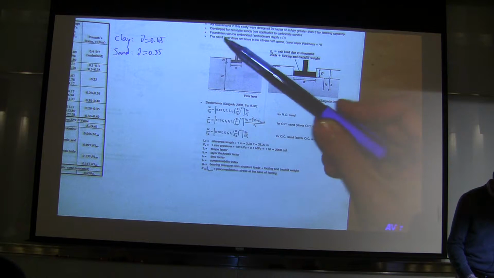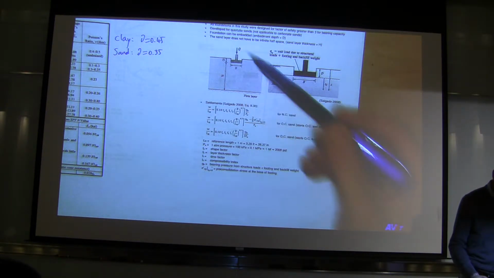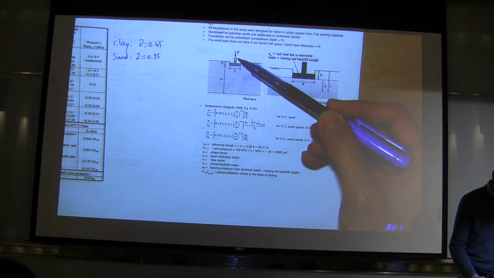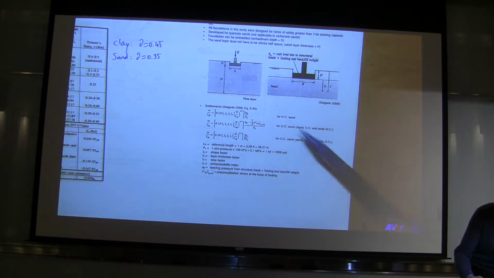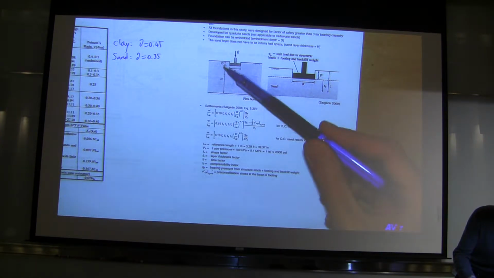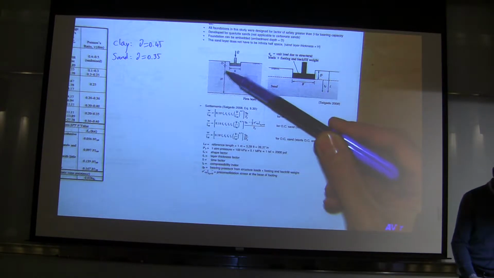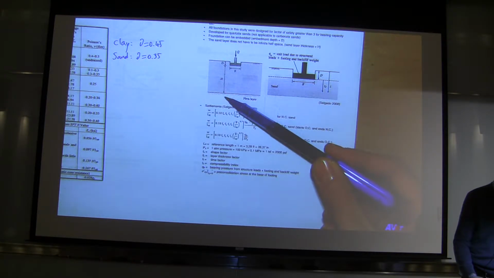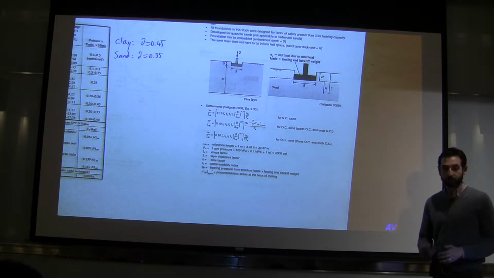In this case, foundations can be embedded. So the embedment depth is D. So this is the shape of the foundation. Load Q is applied over here. It's sitting on a foundation with the dimension B. The embedment is the distance from the ground surface to the base of the footing. That's D. And the distance from the base of the footing to the bedrock is called H. So it's a general case.